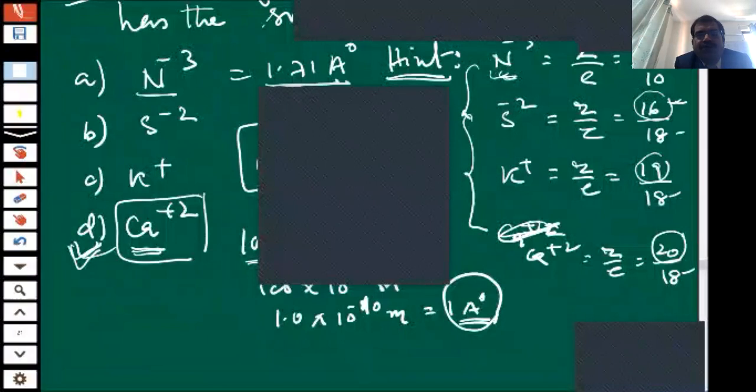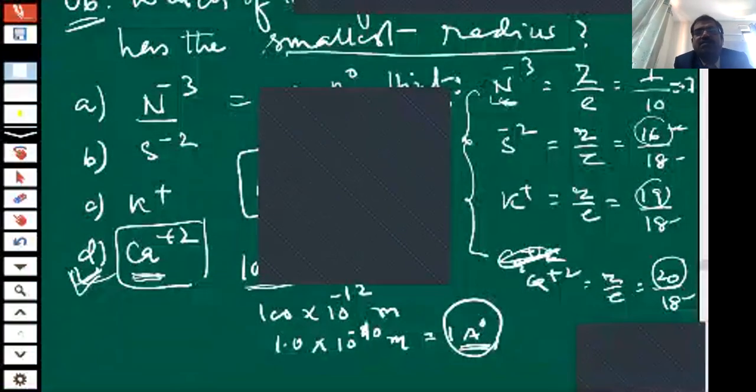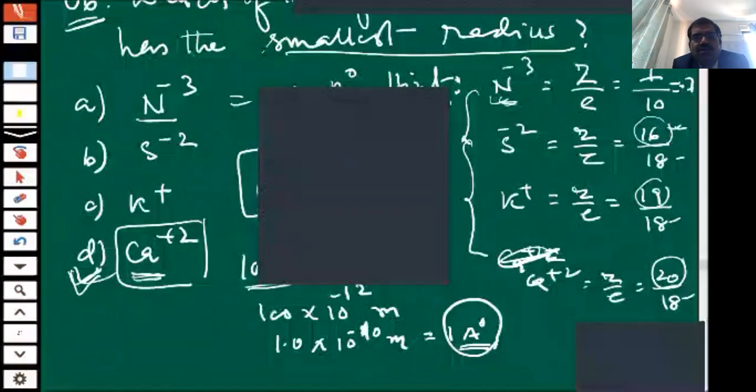No, option A is not correct. Question was smallest radius. Which will have smallest radius? So Z by E value of N minus 3 is 0.7.